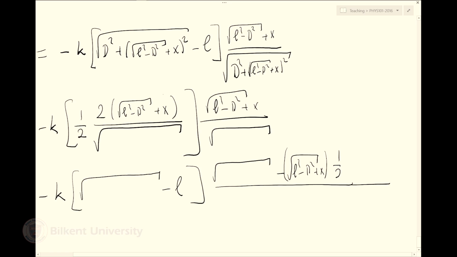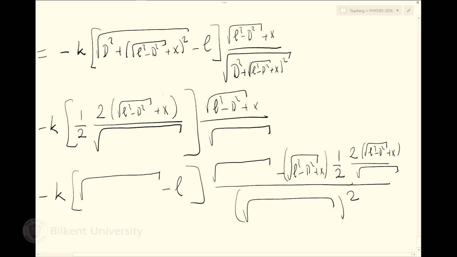It's going to be 1/2 times 2 times square root of L square minus D square plus x, divided by the square root, divided by that square root square.